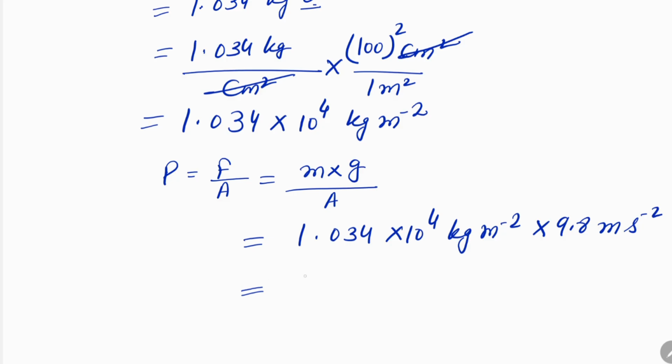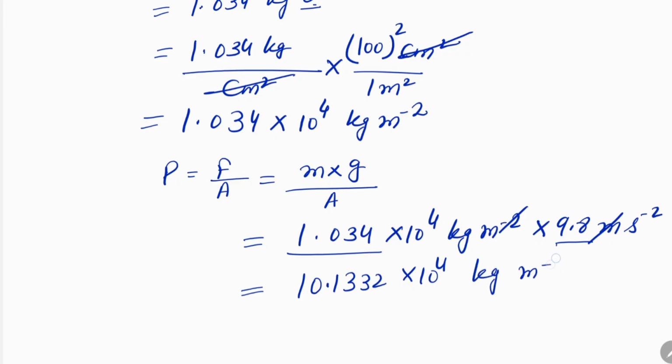When we calculate it, multiplying 1.034 with 9.8 comes out to be 10.1332 multiplied by 10 raised to power 4. As you can see, meter and meter cancel down, and we get kilogram meter inverse per second square, right?